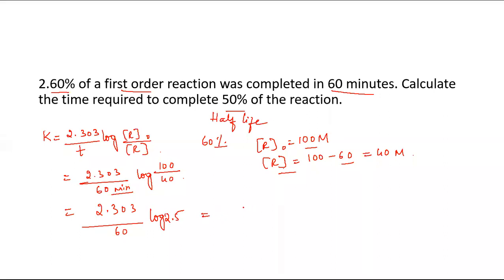Then the value will be 2.303 divided by 60, which is 0.0383, into log 2.5, which is log 25 with a zero characteristic. So the value is 0.3979. Take the characteristic as 0. Do not take it as 1 just because 25 is there; consider how many digits are before the decimal.